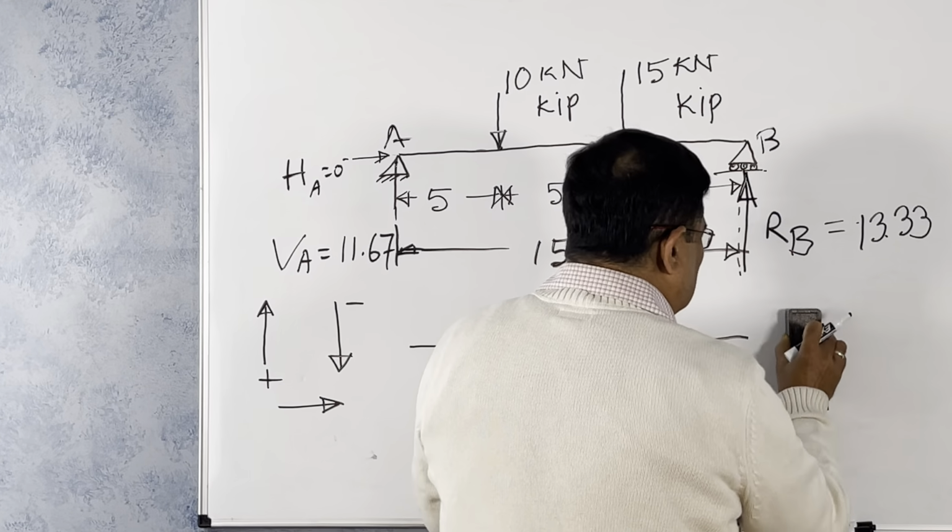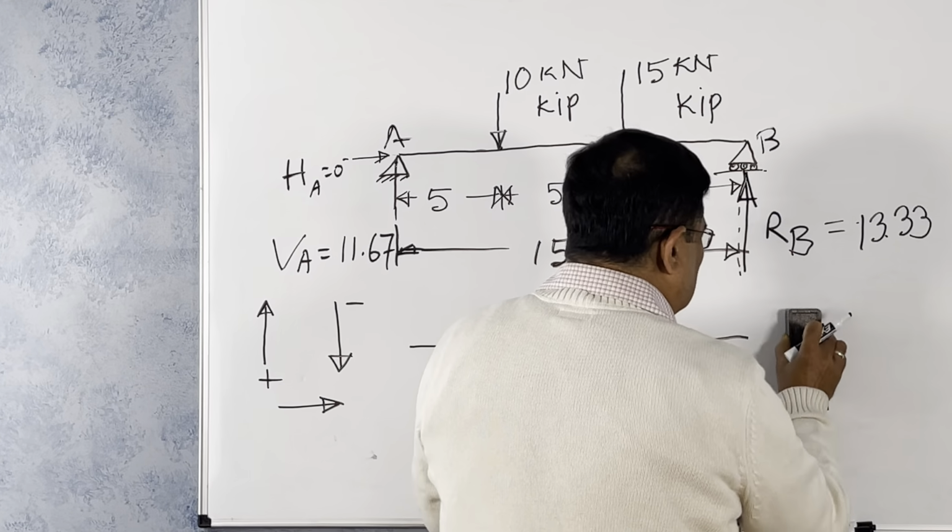So it was 1.67 positive, minus 15, because we are considering from left to right, downward negative. So this will be 13.33, but it is negative.